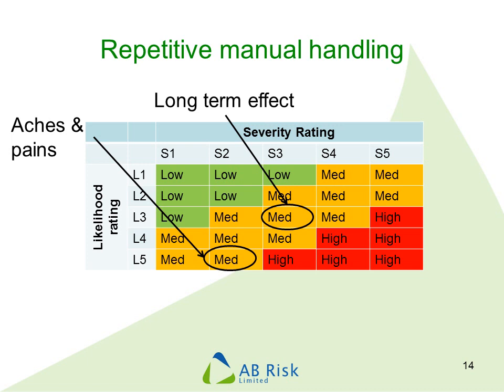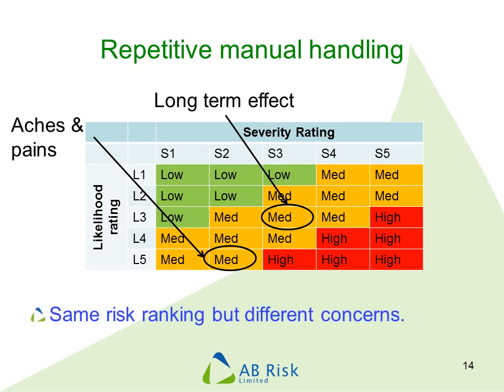So yeah, we've got two results here, two different levels of severity. Both come out as medium risk. Maybe that doesn't help us prioritise. But the thing here is, by including both on the matrix, we can see there are different concerns. We've got the general aches and pains that everyone may suffer from, and the more severe concerns that a small number of people might be affected by.